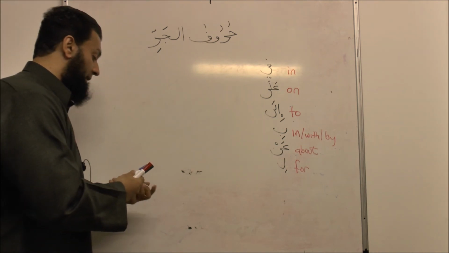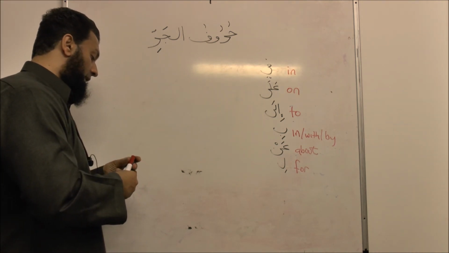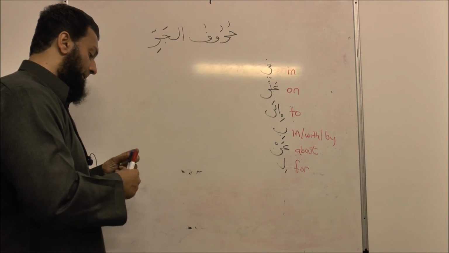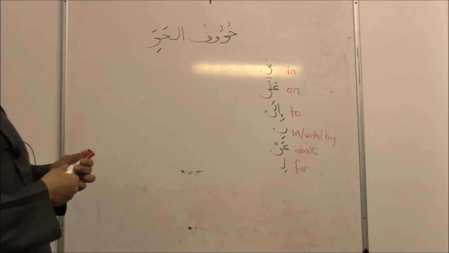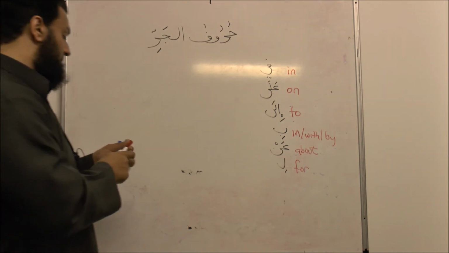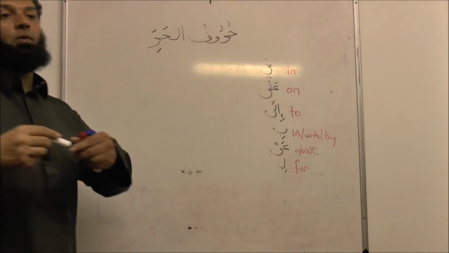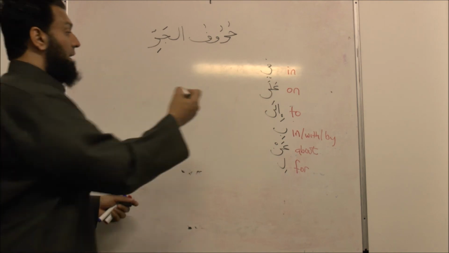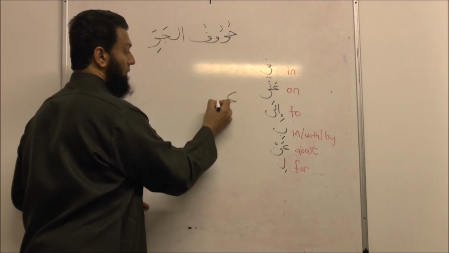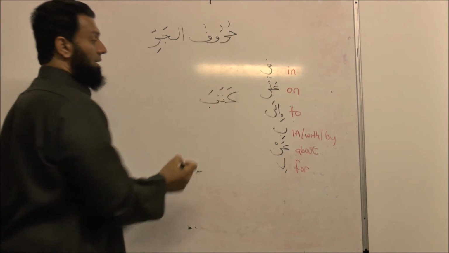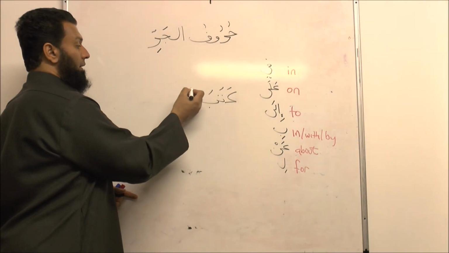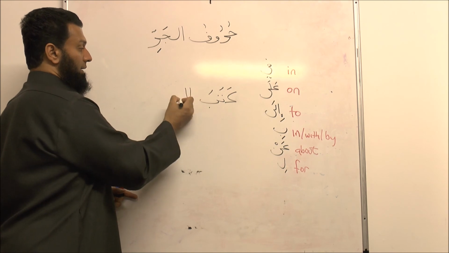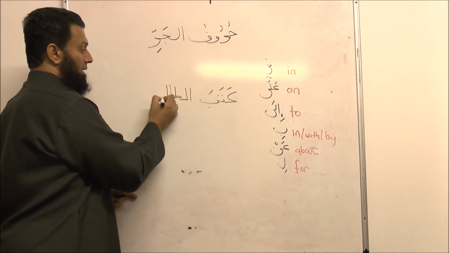So we want to say the student wrote the book. How do you say the student wrote the book? Quickly. Kataba. Good, Muhammad. Kataba. The student, al-talibu.